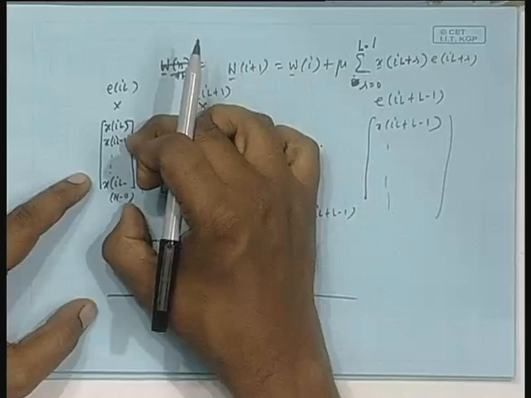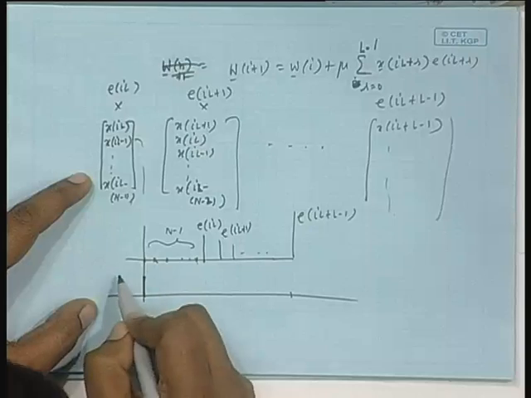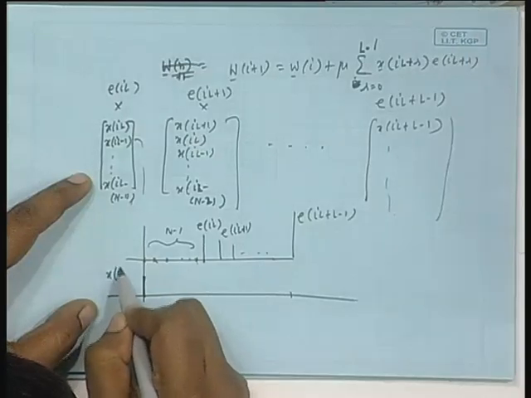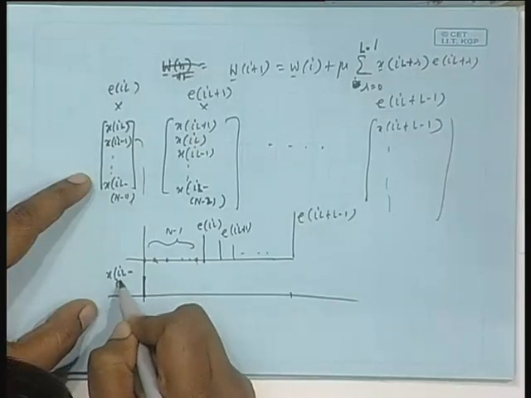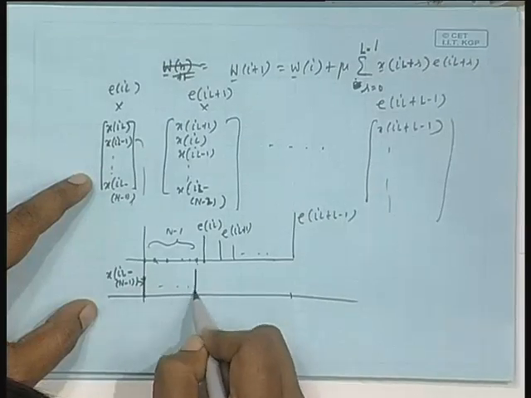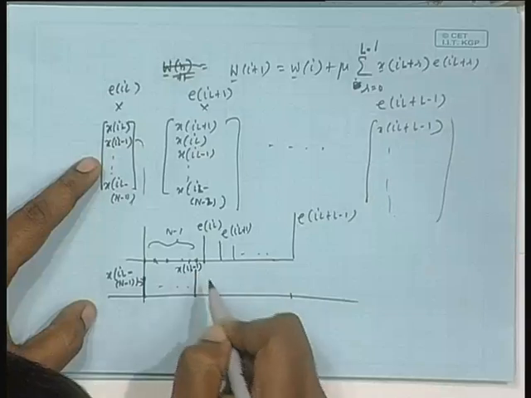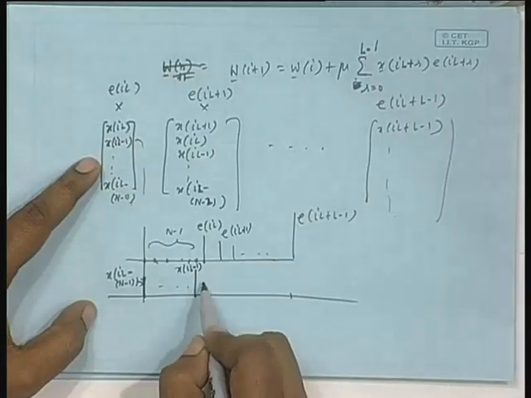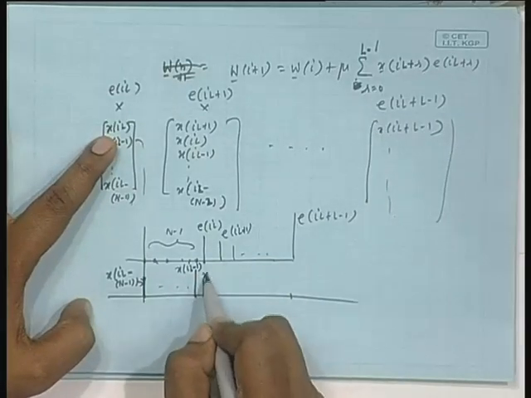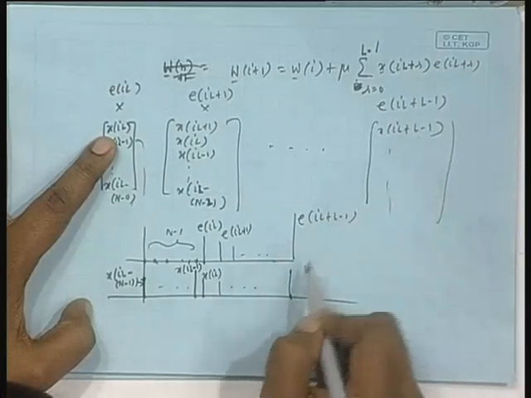So, n minus 1 and then L. So, this data will be here, dot dot dot, and then your normal fellows x I L, this guy.